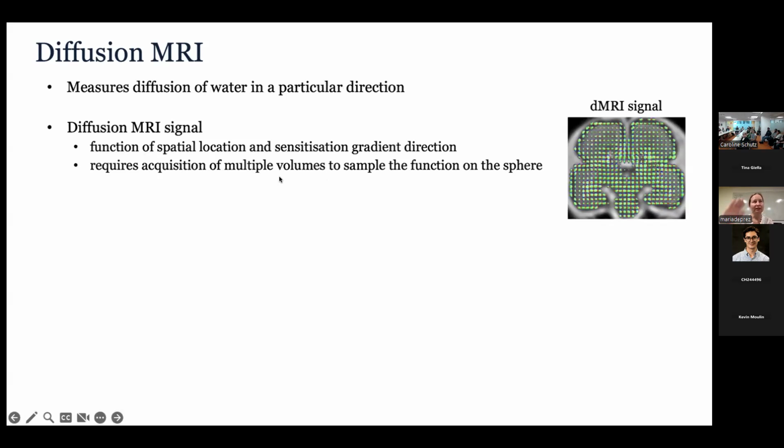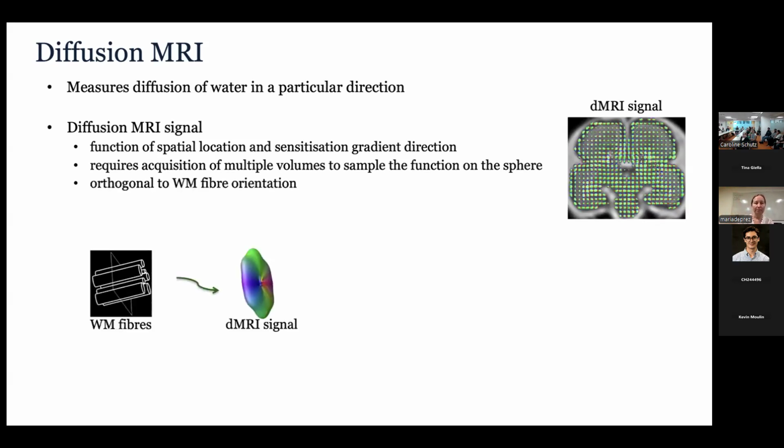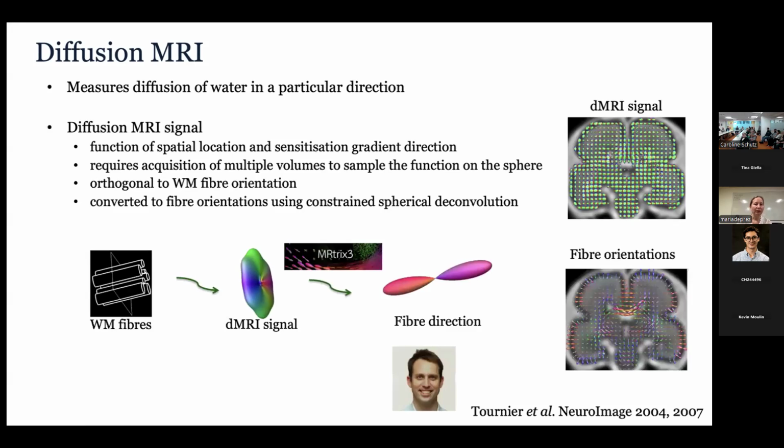That's why it requires multiple acquisitions, because we need to sample these orientations. And the diffusion signal will be perpendicular to the white matter fiber directions. Then we need to apply something to get the direction. So we are using a matrix, work of Donald Tournier, who is my colleague, to get the orientation.